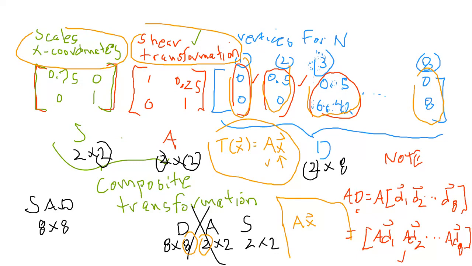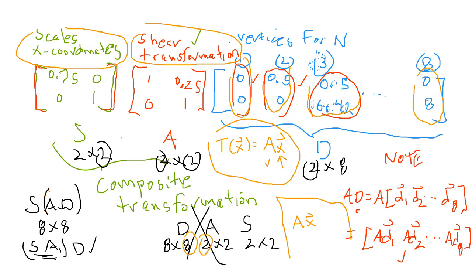What Mikhail's saying is, you could do S times AD, or you could do S times A times D. And actually, that's an interesting point, because if you do S times A, you're getting a 2x2 matrix that gives you the composite transformation, and then multiply it by D, and you get the composite transformation like instantly.